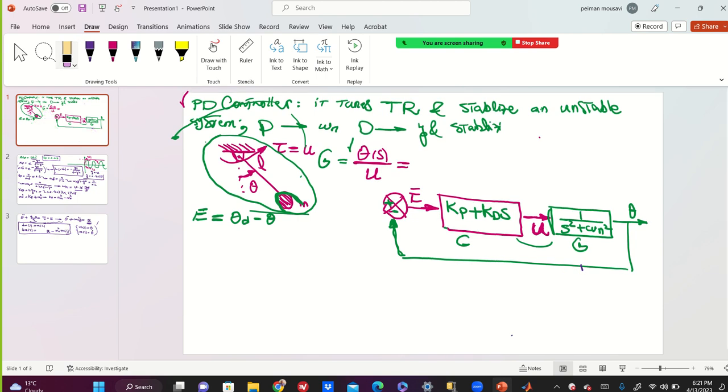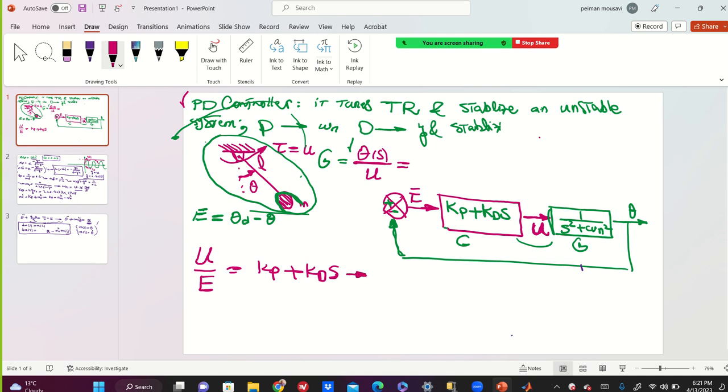Look at the previous class I taught you. Transfer function of the controller, remember from the previous class, is u over what? E. Yes or no? Yes. Okay. Equals kp plus kds.